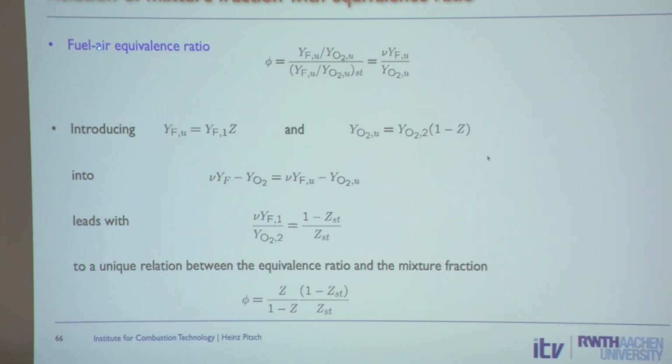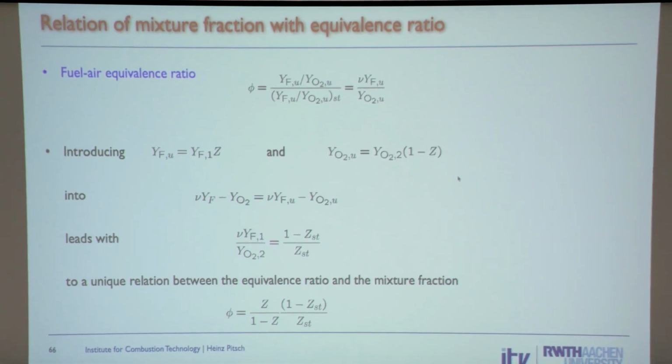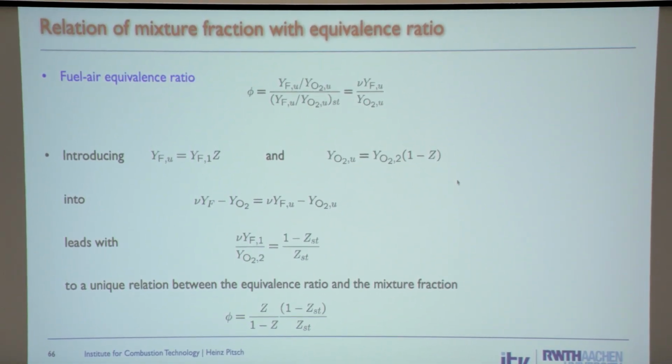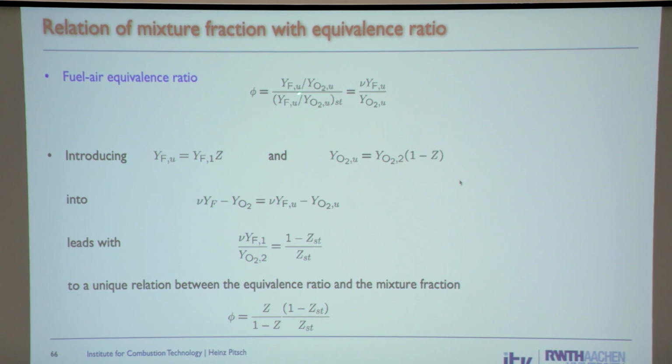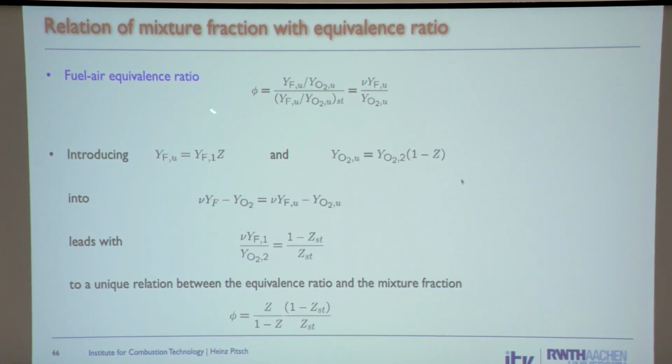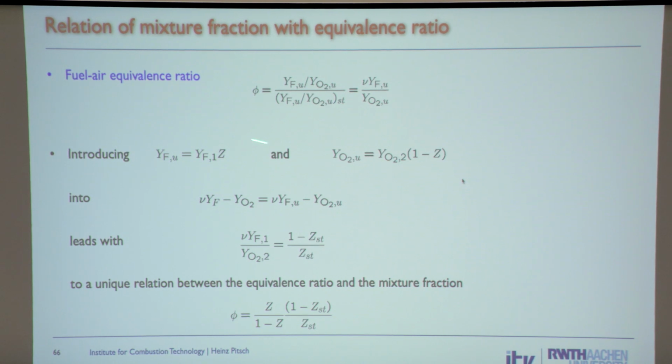So there are many different definitions. What's interesting, I said in the beginning, is that there's nothing else than the equivalence ratio. And you can actually show this, and maybe we don't need to go through it. It's basically using the same relations and the coupling function and the definition of the stoichiometric value, and then you can derive an expression like this: the equivalence ratio in terms of mixture fraction.